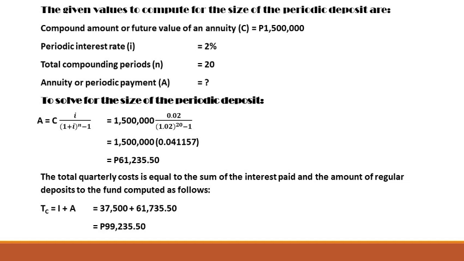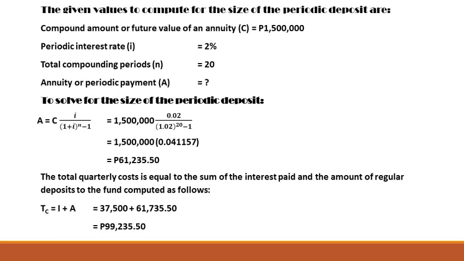Annuity A is equal to the compound amount C multiplied by the periodic interest i over the quantity 1 plus the periodic interest i raised to the power of n, the total compounding period, then subtracted by 1. Substituting each given value, we get the periodic payment A, which is equal to 61,235 pesos and 50 centavos.